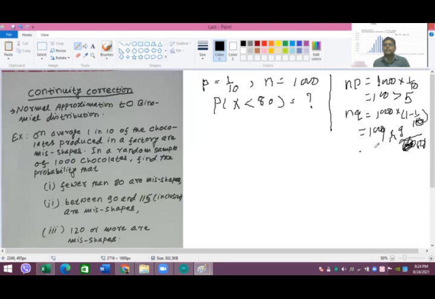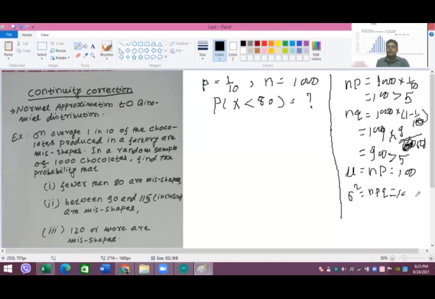So your n times q is 900, which is far bigger than 5 again. You also require the value of sigma. Here the mu value, that is the mean for this distribution, is n times p, which we have already got as 100. The variance, sigma squared, is n times p times q, that is 100 times 9 by 10. After you calculate it, the variance is going to be 90. Therefore your sigma value is going to be the square root of 90.